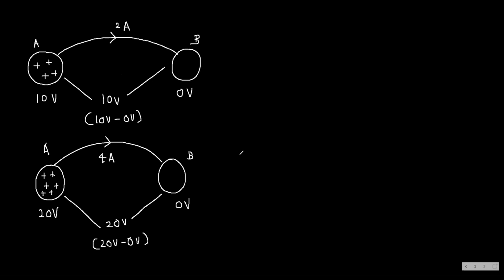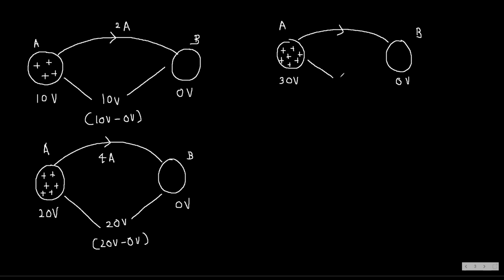Clear? Now again, I'm going to increase the potential of capital A. This one is capital B. Now, if I increase the potential of this sphere to 30 volts and this one is 0 volts, you can see the potential difference is also increased up to 30 volts.